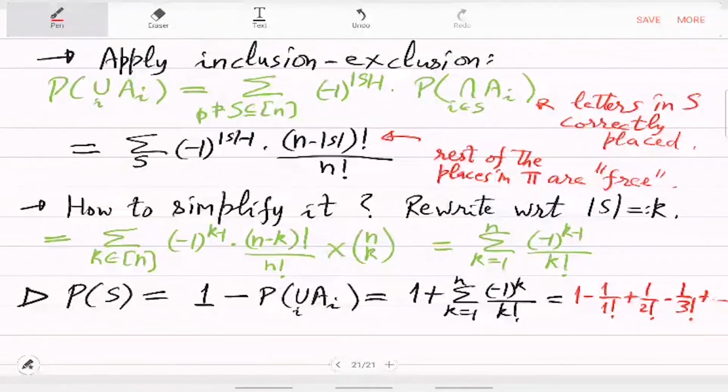So what is this expression? This says e to the minus 1, as n tends to infinity.